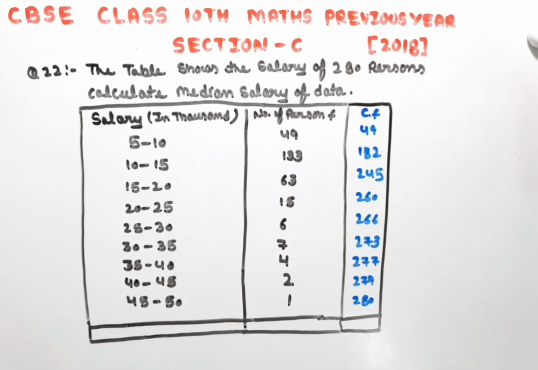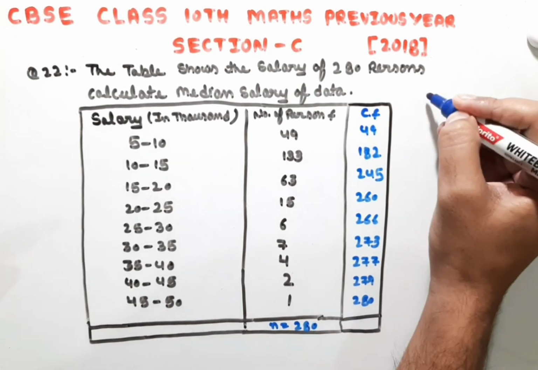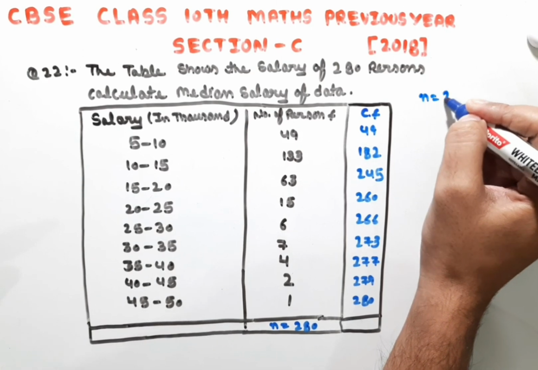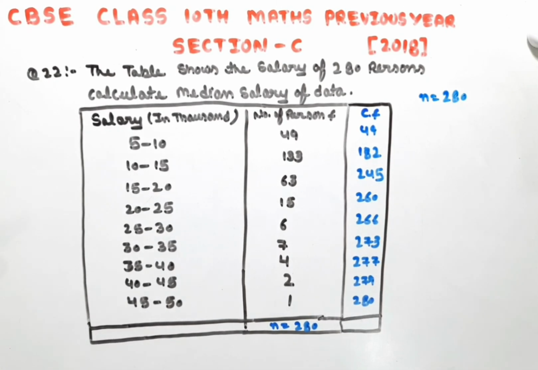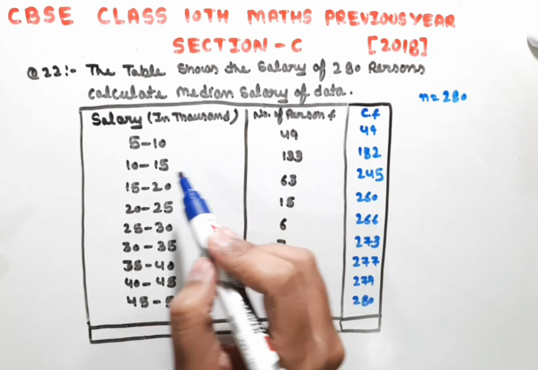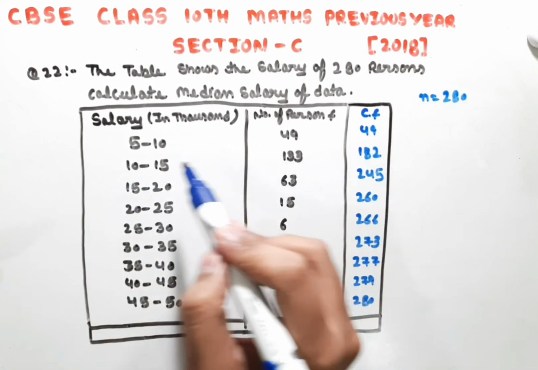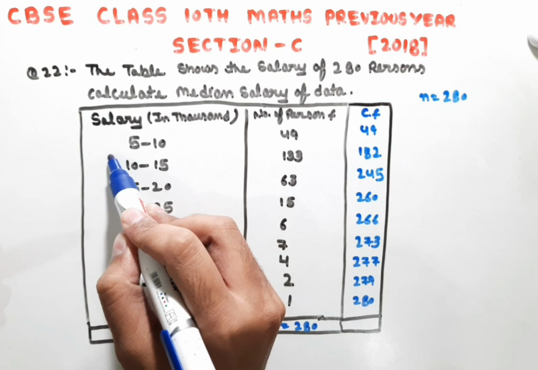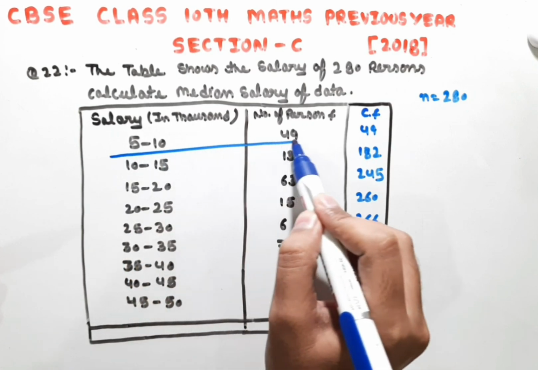So, our total number of observations n is equal to 280. Now here the median class will be this.